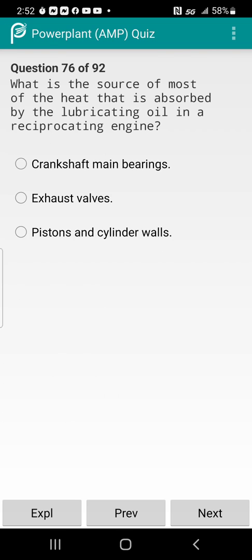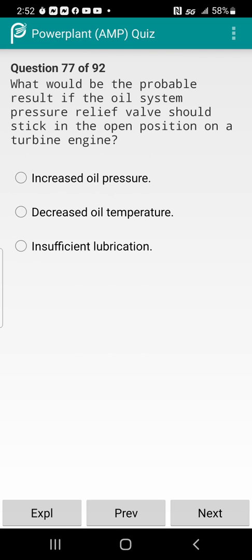What is the source of most of the heat that is absorbed by lubricating oil in the reciprocating engine? Pistons and cylinder walls. What would be the probable result if the oil system pressure relief valve should stick in the open position on a turbine engine?